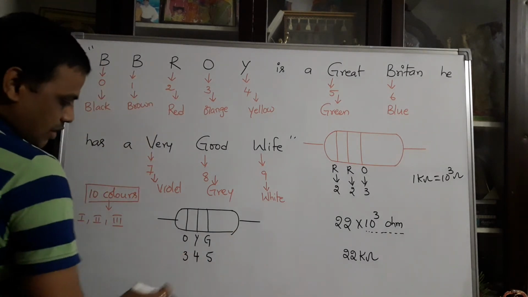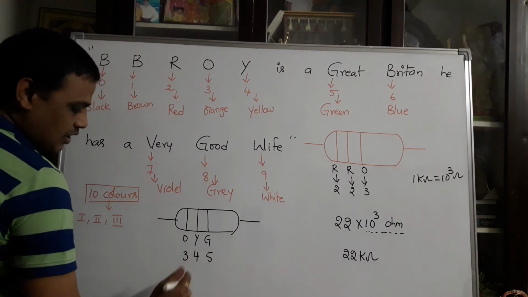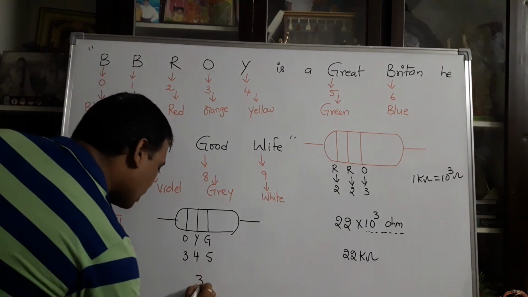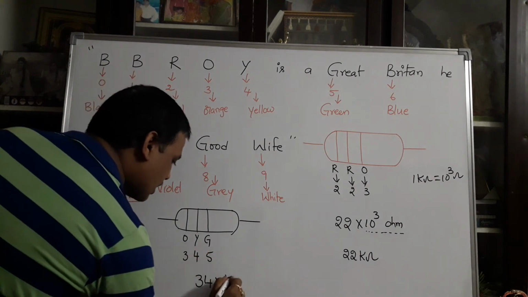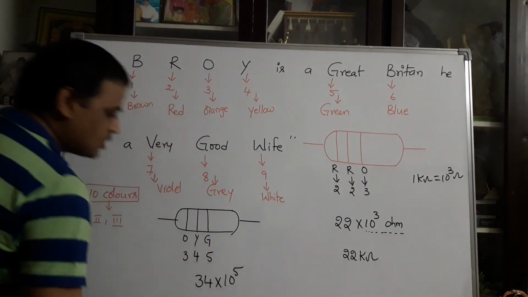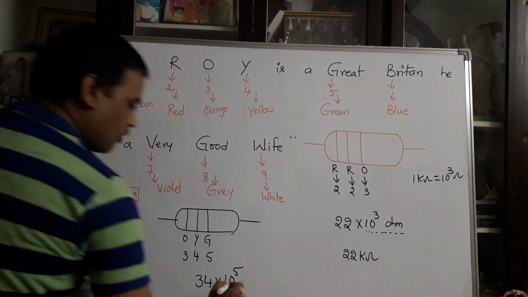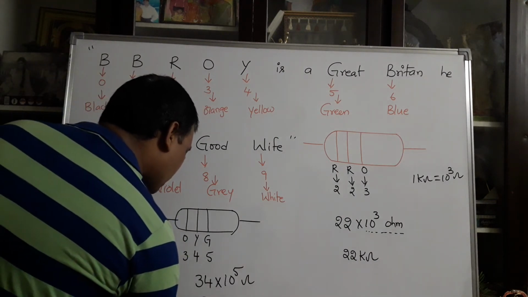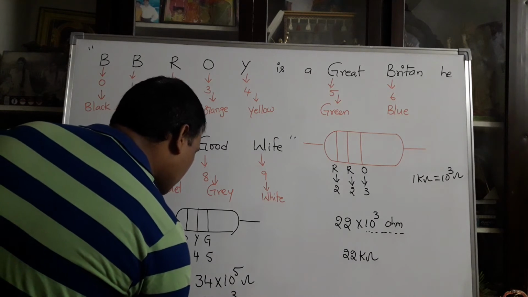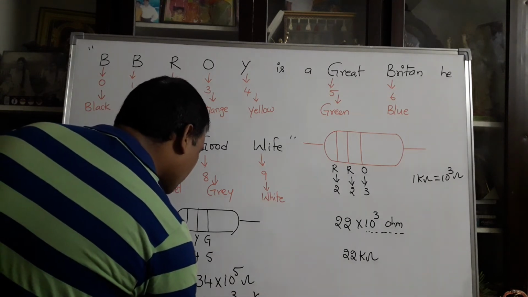Based on these numbers, the first 2 numbers can be written as the double digit number, that is 34, into the third band of color written in powers of 10, like this, 10 power 5. What is the unit? Ohm. This can be written as 34 into 10 cube into 10 power 2 ohms.